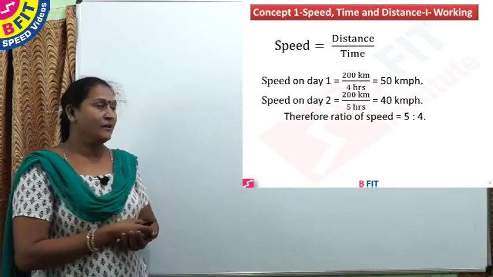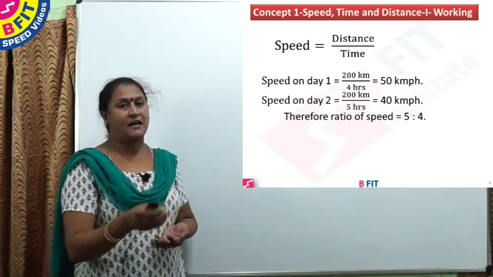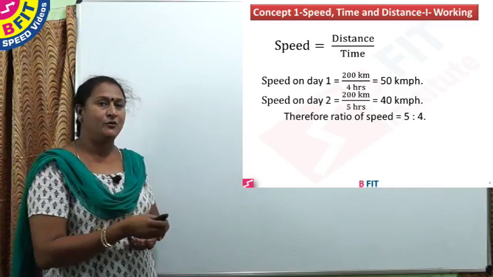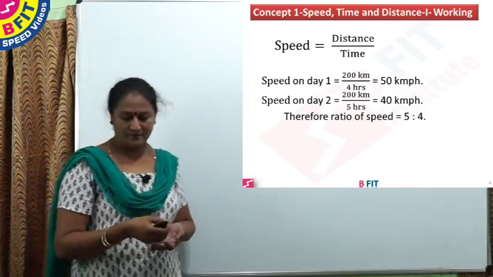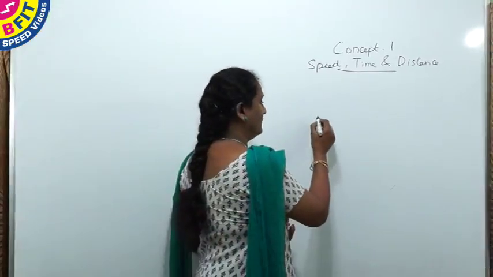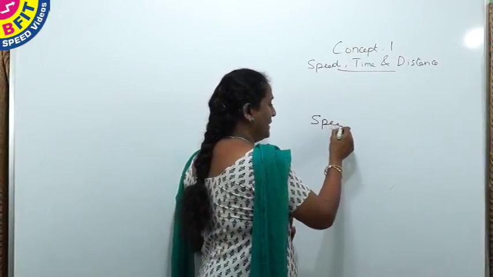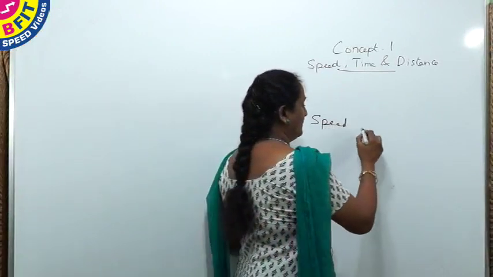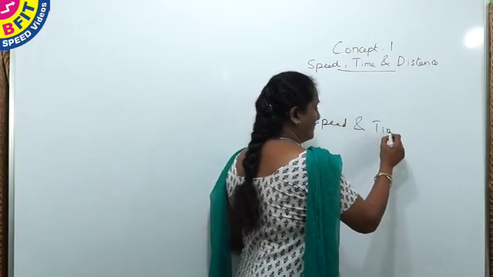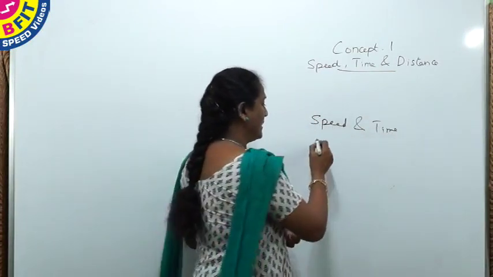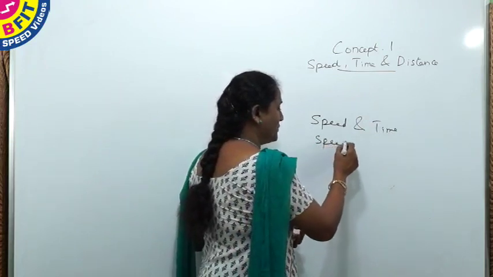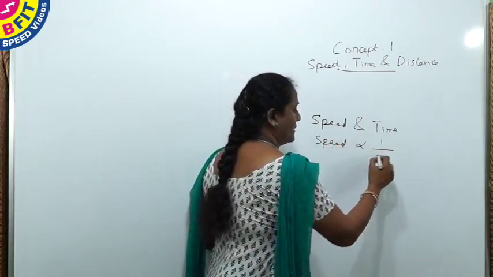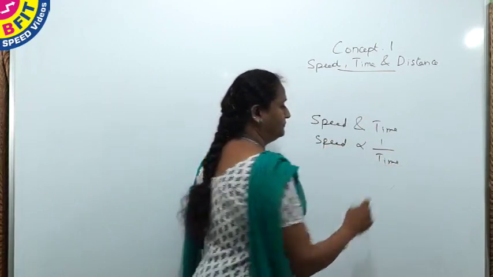Now we'll see the inverse and direct variation concepts related to speed, time and distance. The variables speed and time vary inversely. That is, speed is proportional to the reciprocal of time taken.